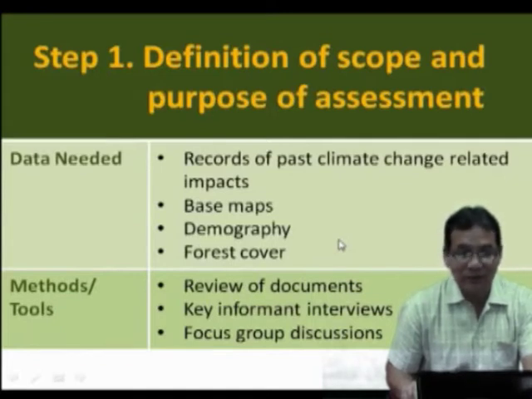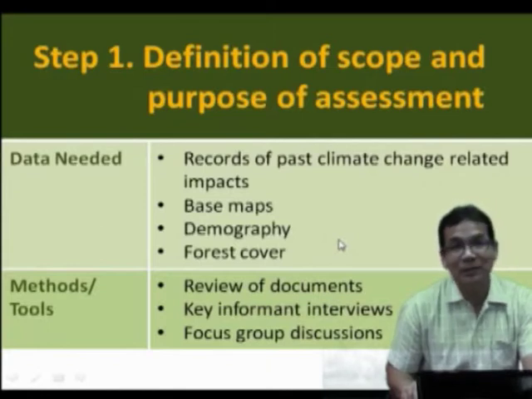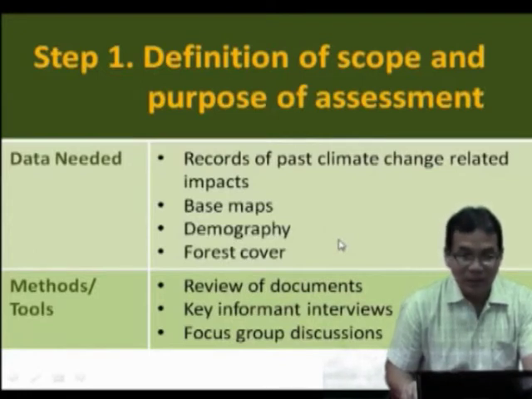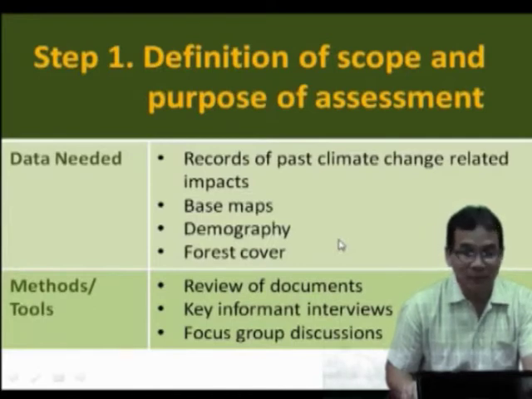One of them is by reviewing existing documents, by interviewing key informants, people from government agencies or from the communities. And we can also engage our stakeholders in focus group discussions. This can involve people who are exposed to climate-related events or people who are in a position to help vulnerable people.